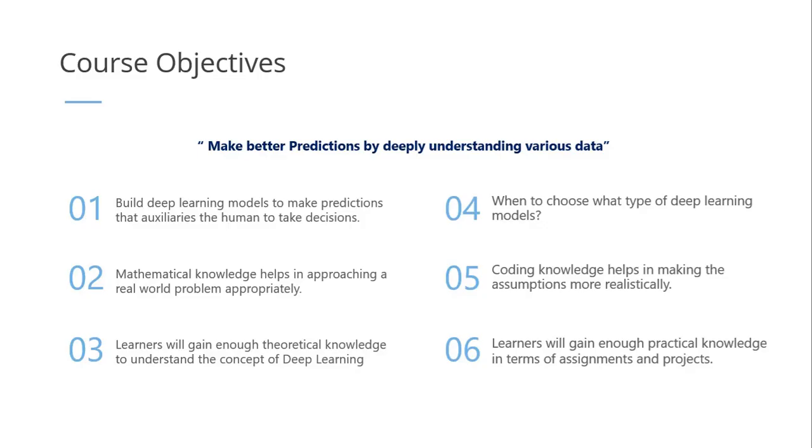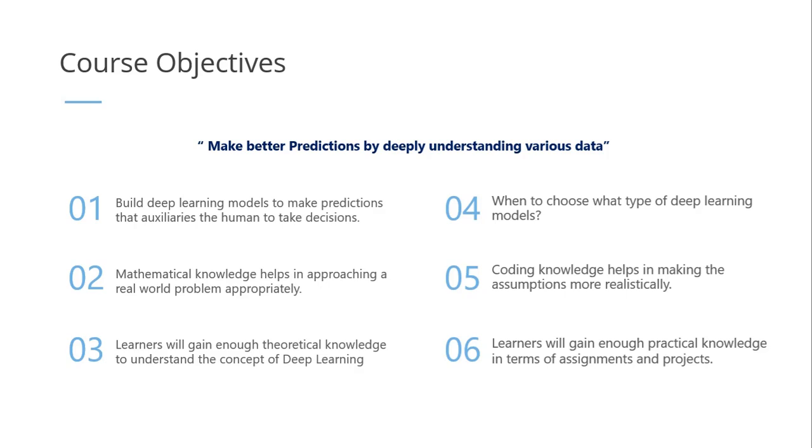Getting to the course objective, I feel an effective deep learning expert ought to have certain knowledge. What sort of knowledge should a deep learning expert have? I list this as two points.